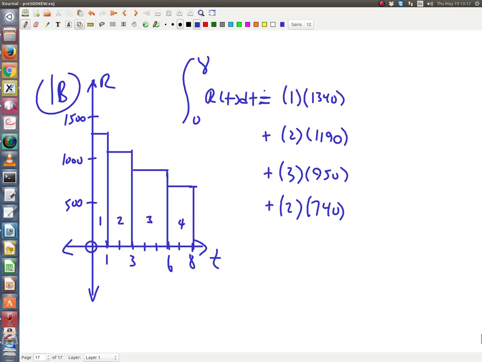And let's work this out. So what do we get? That's what the calculator's for.